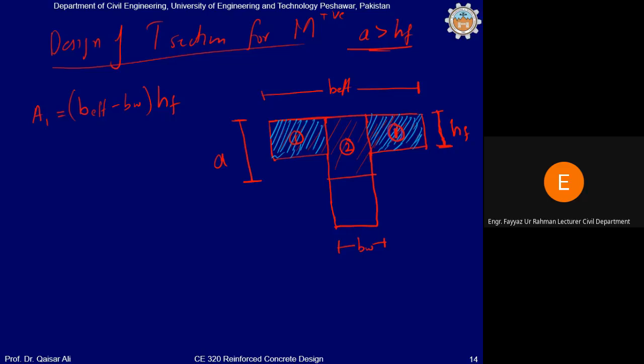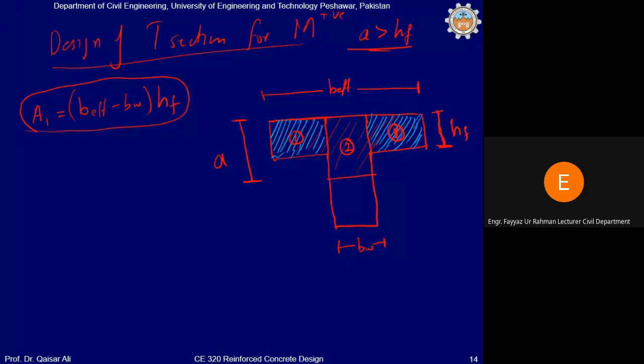Now, since this area is known to you, the flange area which is under compression, okay, area 1, that area of the flange which is in compression, and it is readily known to you.